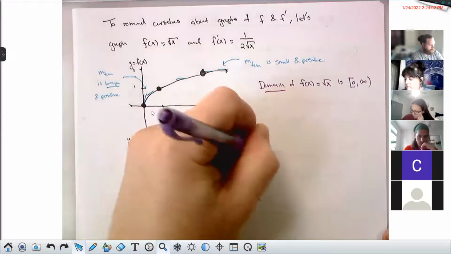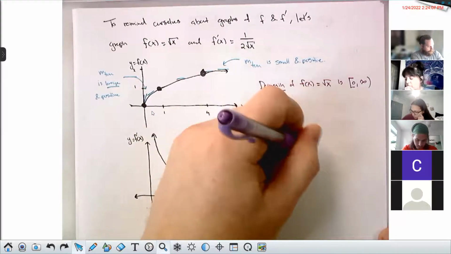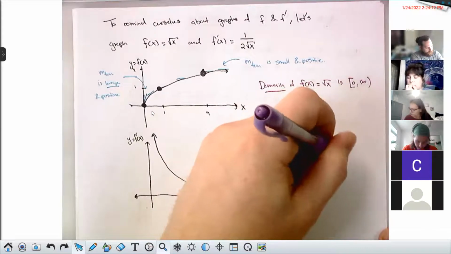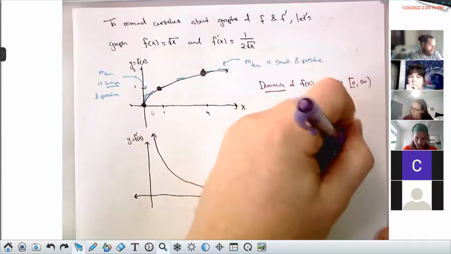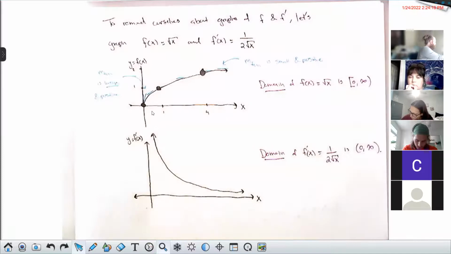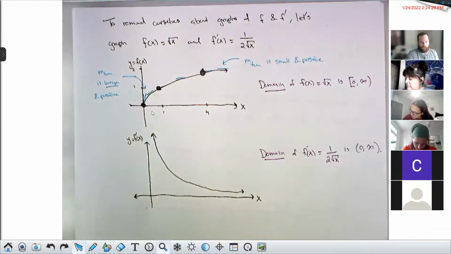The domain of the derivative, and you can see this from the algebraic expression or from the graph if you think carefully enough, does not include 0. What we have here is a vertical tangent line.